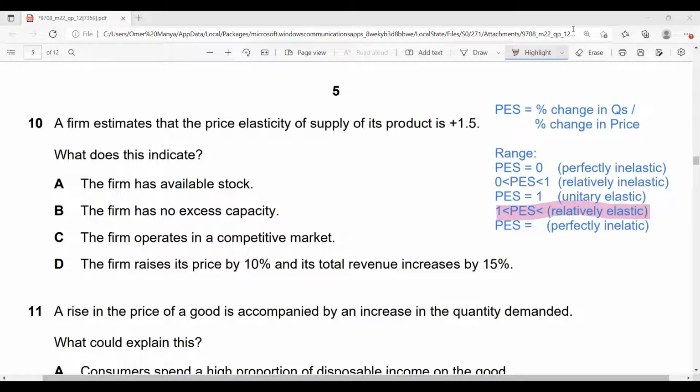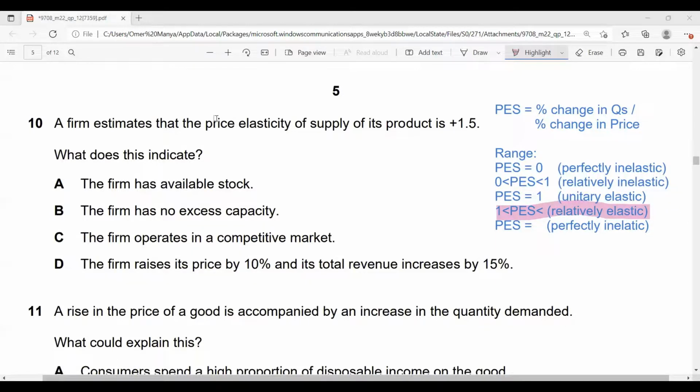So let's question why supply could be responsive. One reason why supply is responsive is if the company or the producer has stock of this product available. So that means they already have this product in stock, and if required, they can release the stock, which means that their PES is elastic.